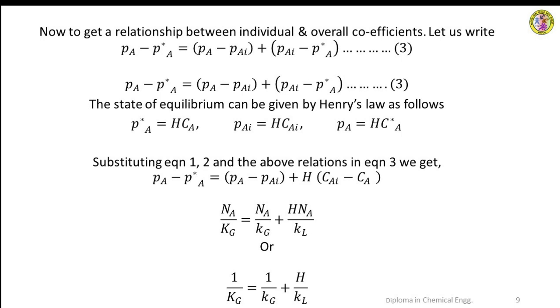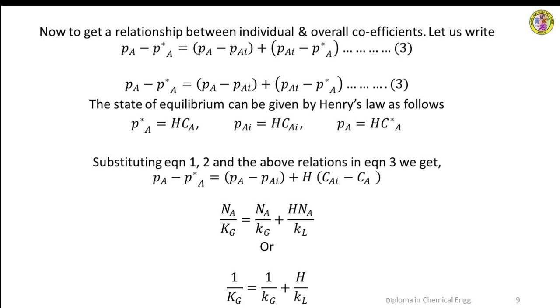The H being a constant and common in both terms can be taken outside the bracket. What you are left with is Cai minus Ca inside the bracket.